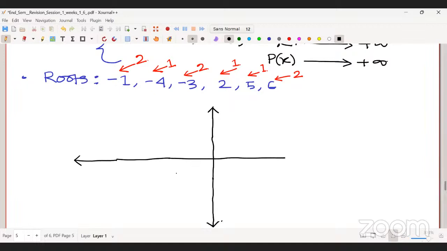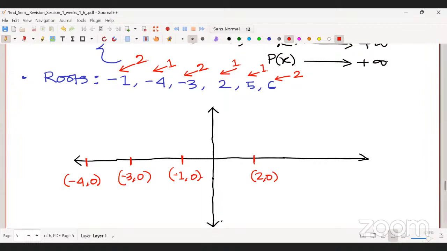These are all the roots of the polynomial, and the roots give you all the x-intercepts of the polynomial. So this is (-1, 0), this is (-3, 0), and this is (-4, 0), and let's say this is (2, 0), this is (5, 0), and this is (6, 0).